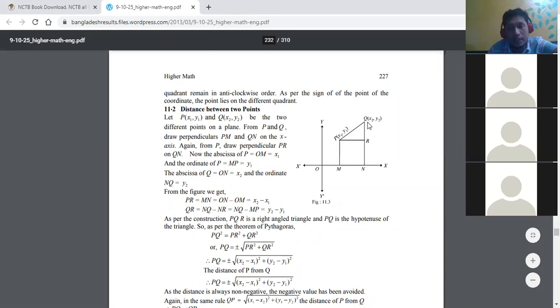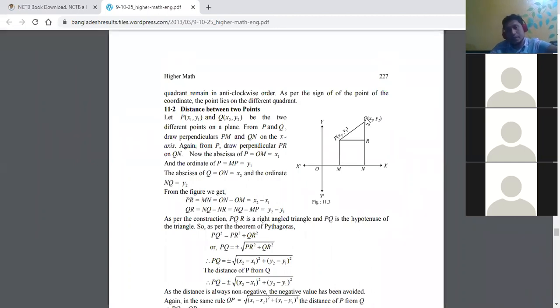x2, y2 is in an upper position than x1, y1. That's why in this formula we have x2 minus x1, y2 minus y1. If we considered the coordinate of Q as x1, y1 and P as x2, y2, then x1, y1 would be placed in the upper position, and the formula would be root over x1 minus x2 square plus y1 minus y2 square.